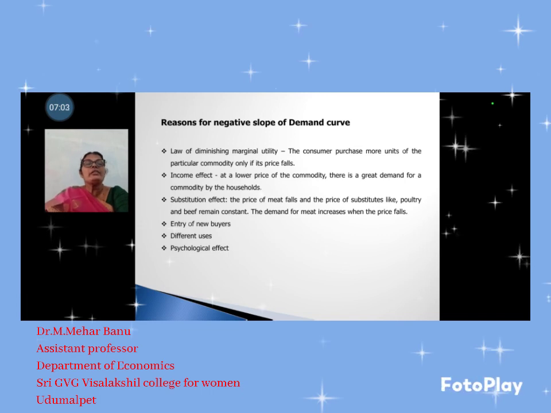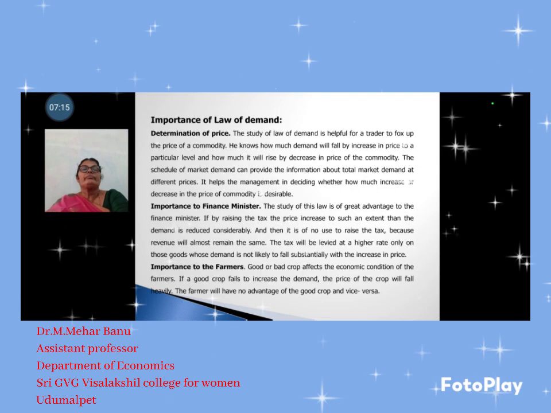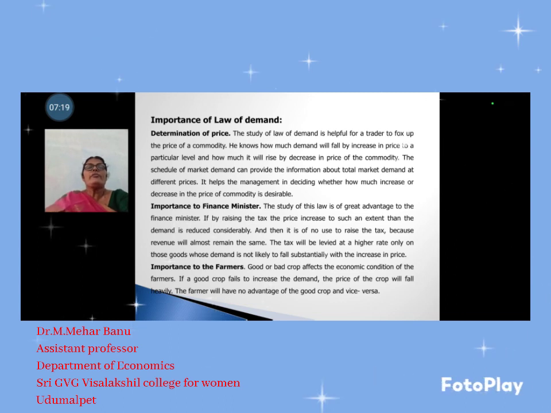The demand for meat increases when the price falls. Okay, this is called the substitution effect. Next, entry of new buyers, different uses and psychological effect also indicate the reasons for the negative slope of the demand curve. Clear?